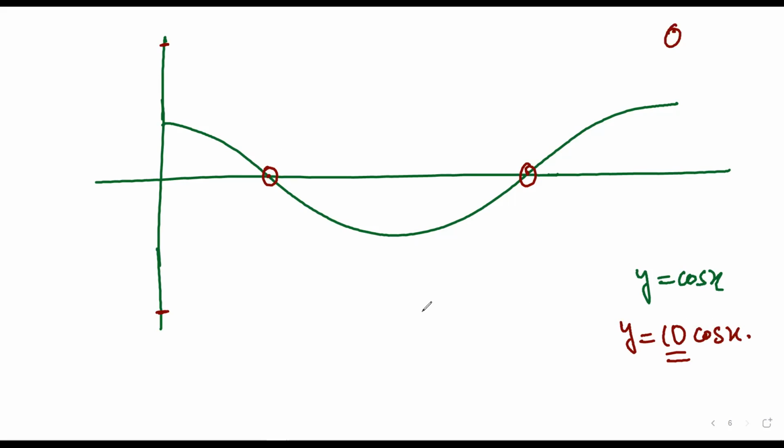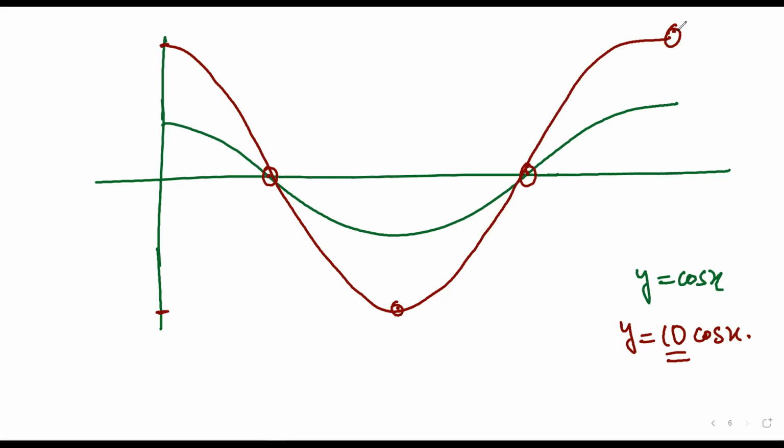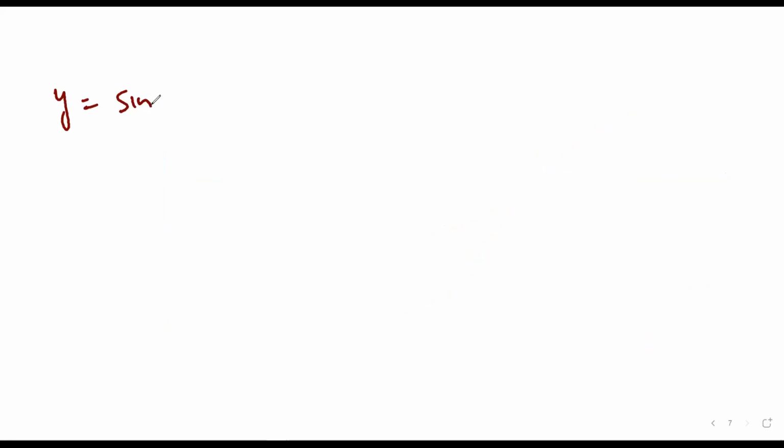Basically, it will make the curve of cos x like this. Is it making sense? Are we clear till here? So y is equal to sin x, y is equal to cos x.